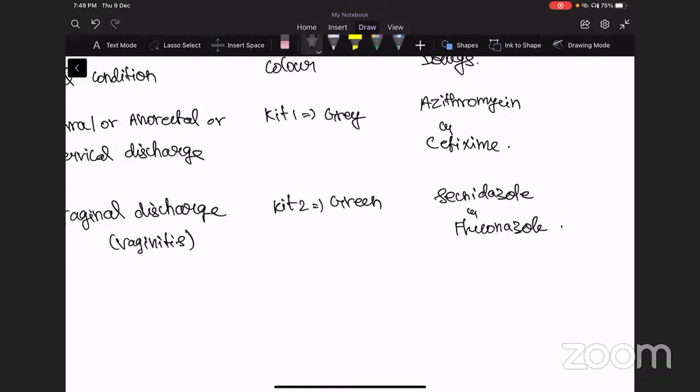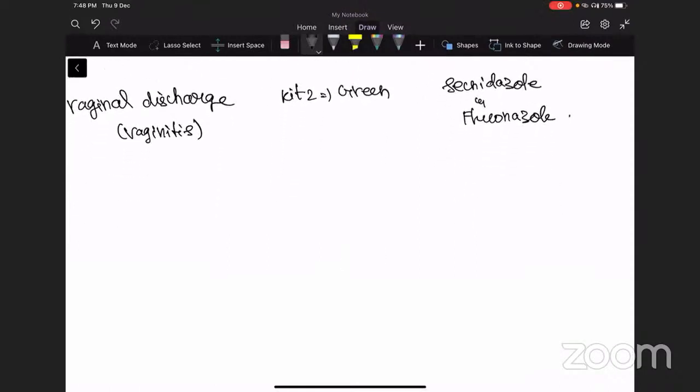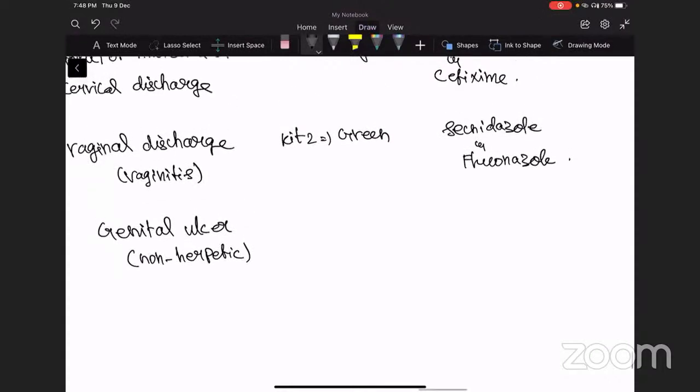Anyone can tell me what's the color of kit 3? There is complaint of genital ulcer and the ulcer is non-herpetic. Kit 3.